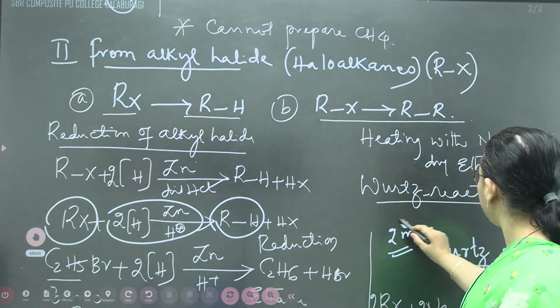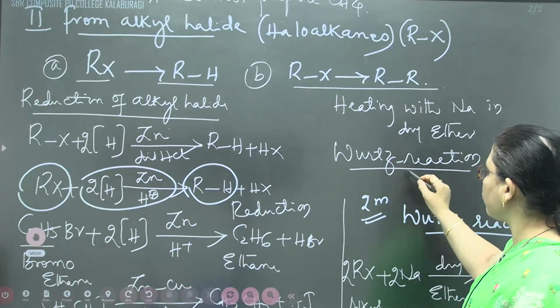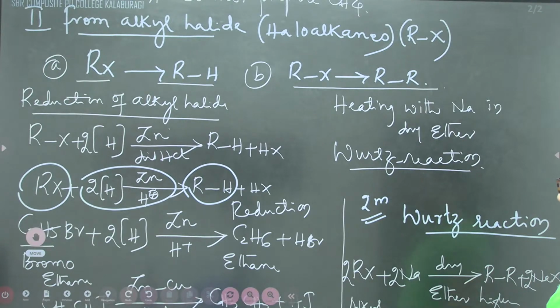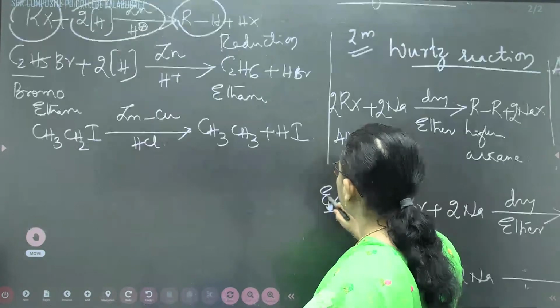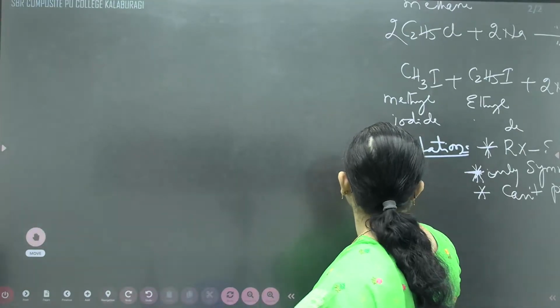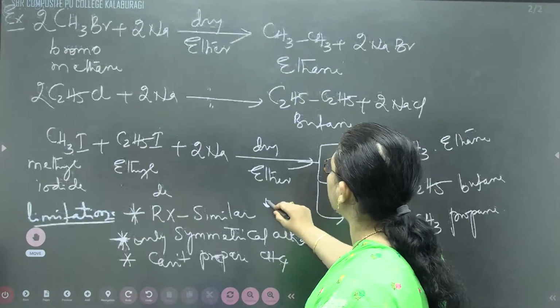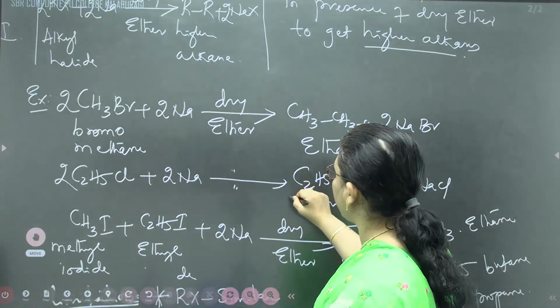The second method is called the Wurtz reaction. In the Wurtz reaction, alkyl halide must be treated with sodium metal in presence of dry ether.